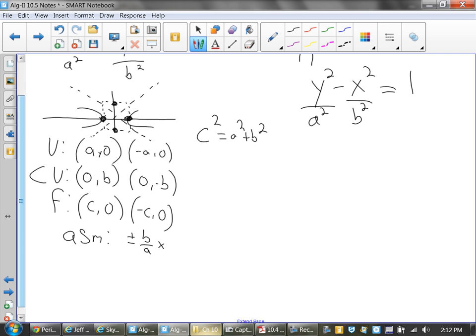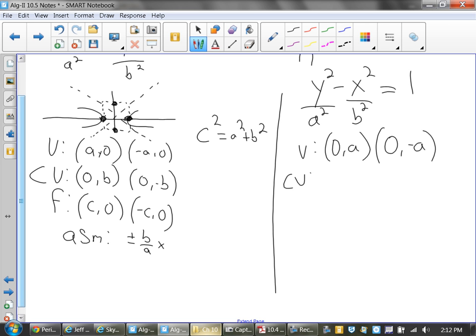Later, when we get to shifting these, that part gets messy. All right, so I just want to get you guys in the habit of writing these out. The only thing that changes when this is a hyperbola opening up and down is that your ordered pairs are all flip-flopped, and then your asymptote is just plus or minus a over b. It just flips it. Over here, your vertex would be at (0, a), (0, negative a).